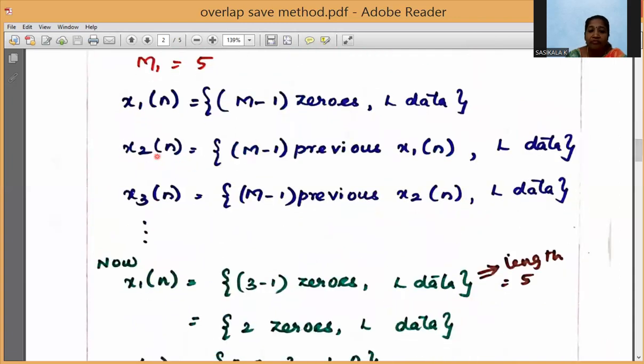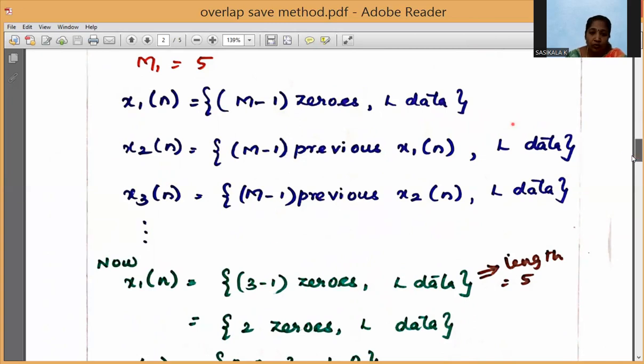And x2 of n is equal to the m minus 1 previous data from x1 of n. That is, 2 data from x1 of n you have to take, and the remaining 3 data from x of n. And x3 of n is equal to the m minus 1 previous values of x2 of n, and the remaining 3 data from x of n.